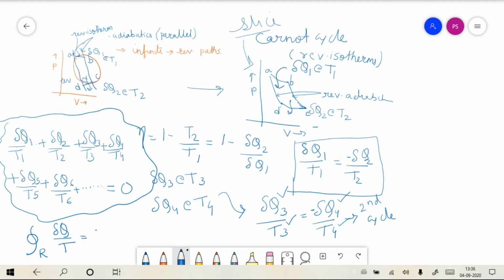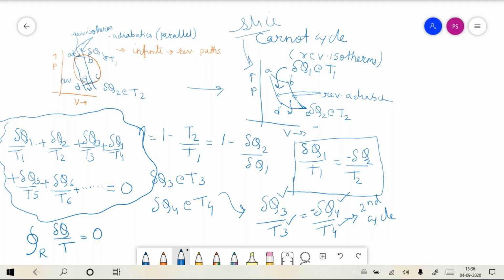So what we have shown is that if the cycle is a reversible cycle, then the summation of all these del Q by T is equal to 0, and that is what is known as the Clausius theorem.